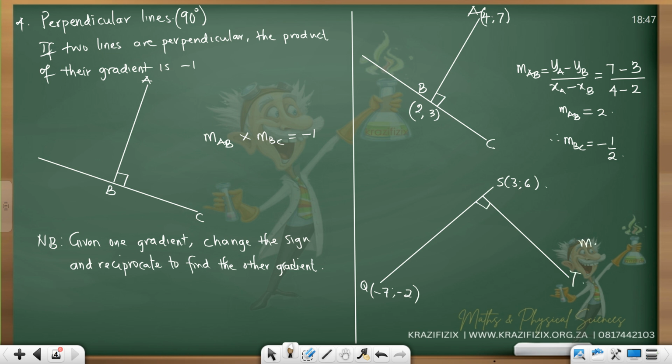Find the gradient of ST. We have a 90-degree angle between them.